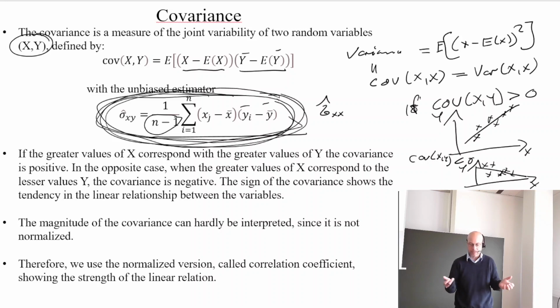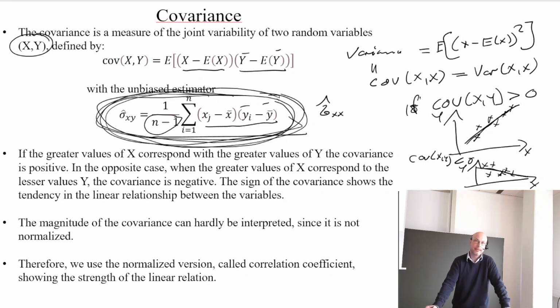And this, of course, you see that your covariance is just scaling. If you take very large numbers of x, then you could expect that also the covariance will have a greater magnitude. But from this you cannot conclude that your data points are scattering very narrowly around your fitted line.